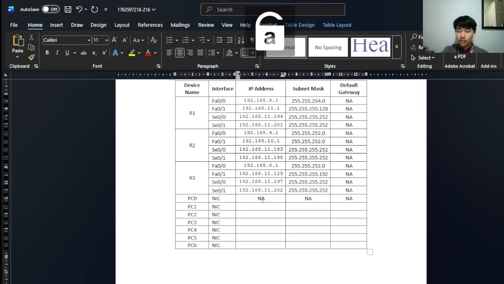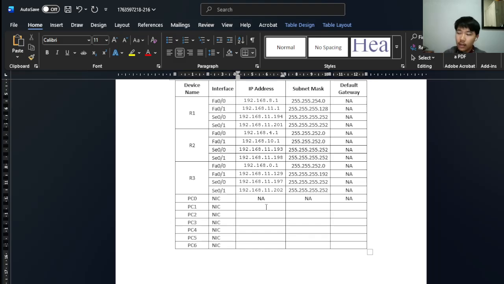And then for our PC1, let's just use the last usable IP address in every PC.